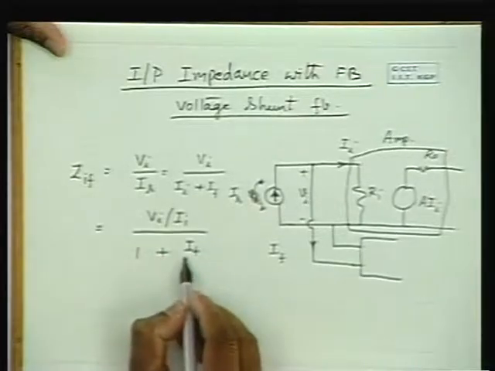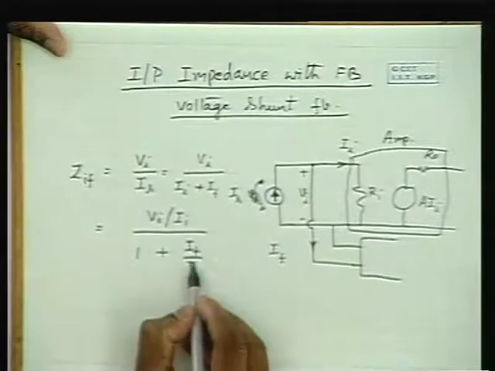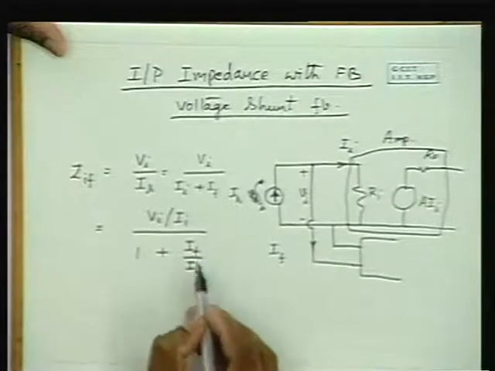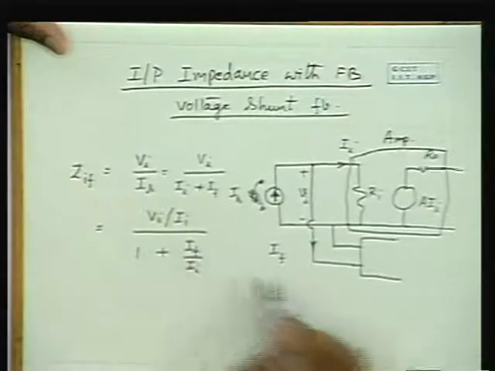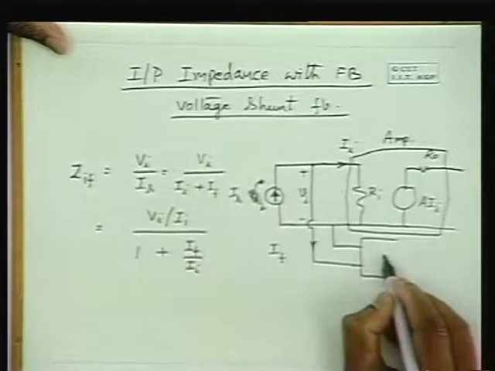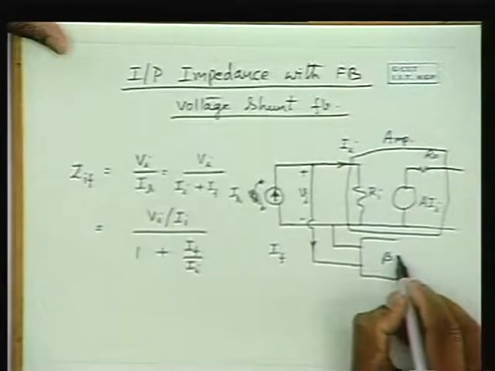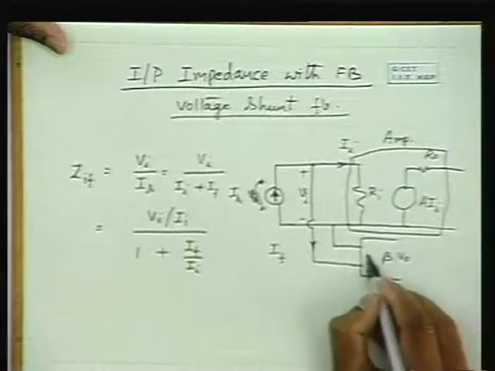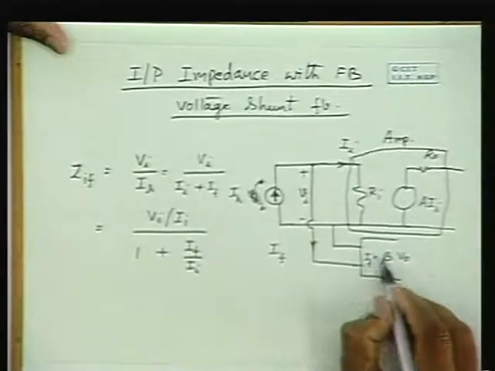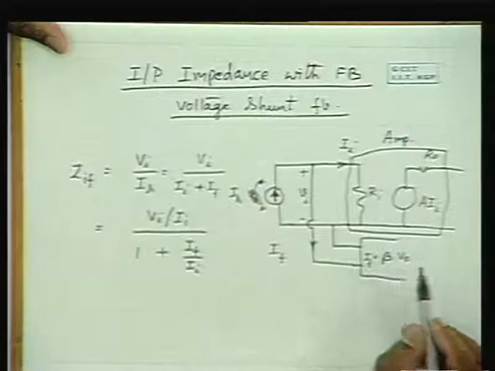So here you have If by Ii. Please note that this If is equal to beta times the output voltage V naught, from the feedback network.